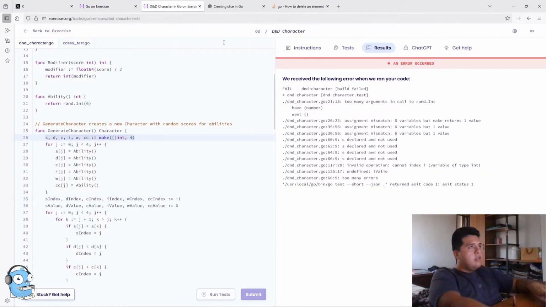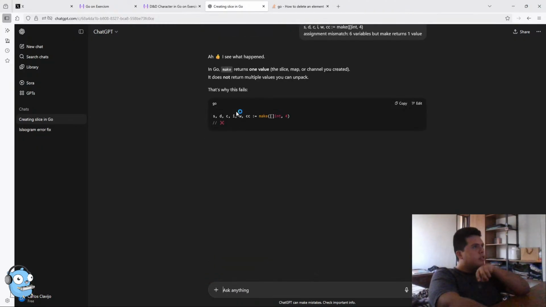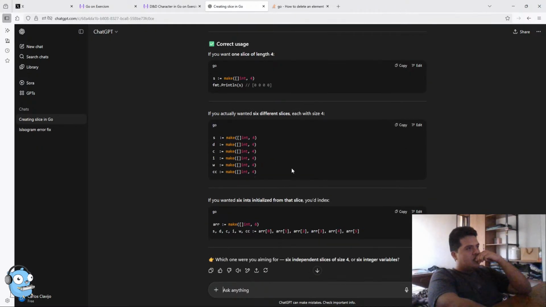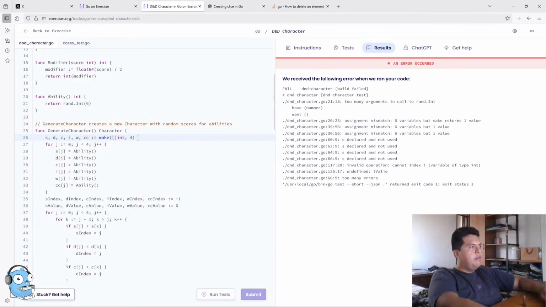What is the problem? I see it happening: only 6 values on the left, but only 1 value on the right.